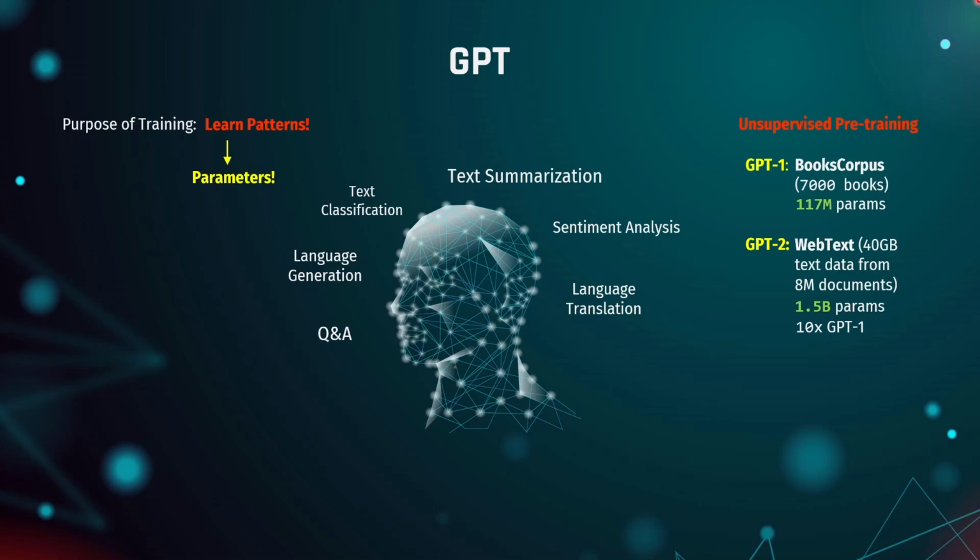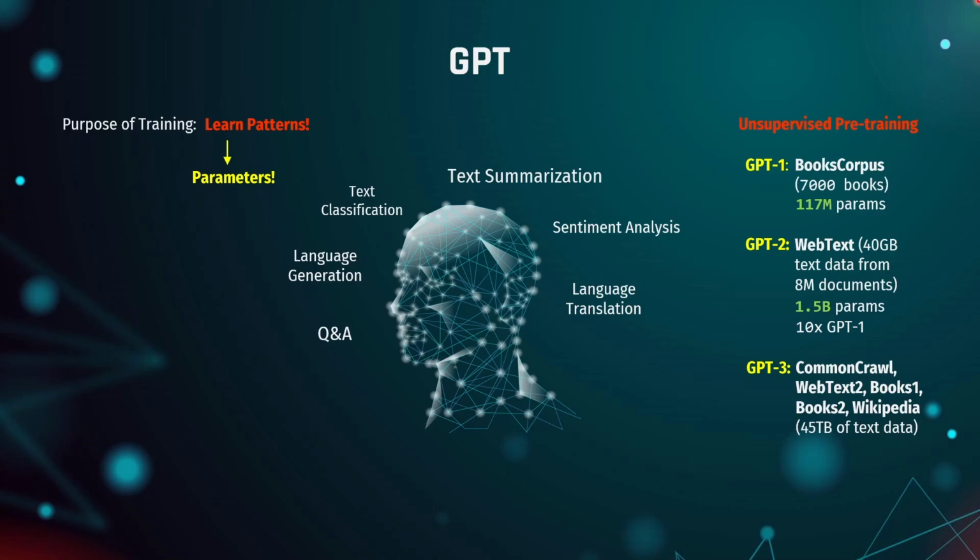Then the successor to GPT-2, we got GPT-3, which was trained on a variety of datasets from Common Crawl, WebText 2, Books 1, Books 2 and Wikipedia articles, which totaled a whopping 45 terabytes of text data.